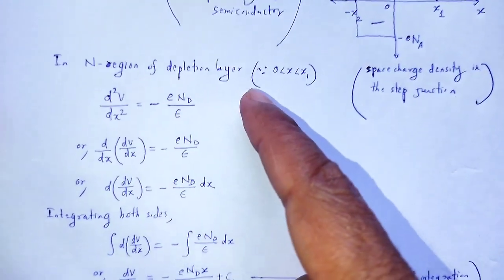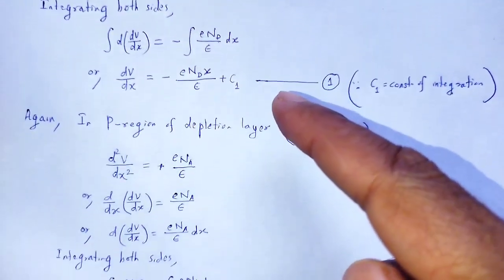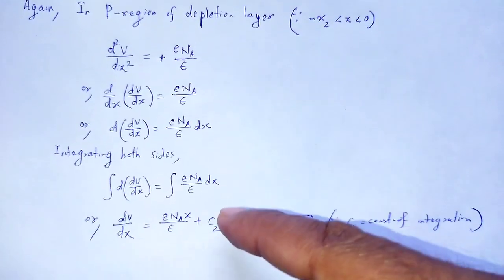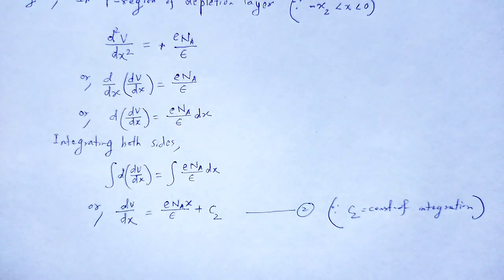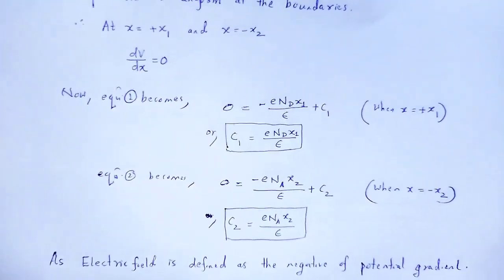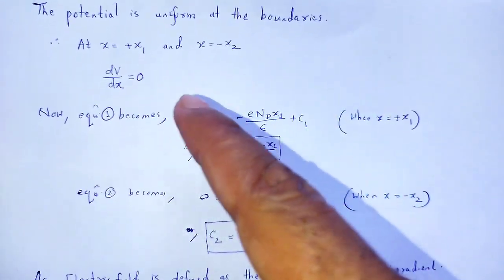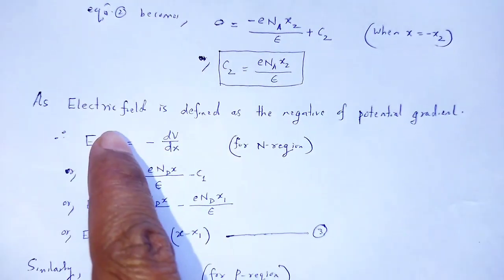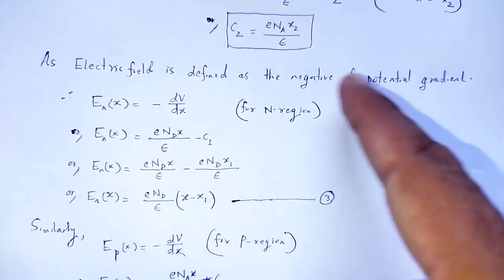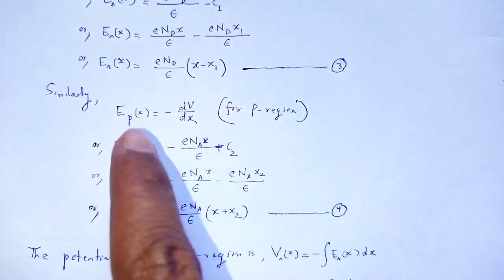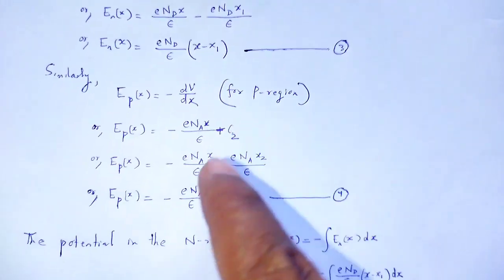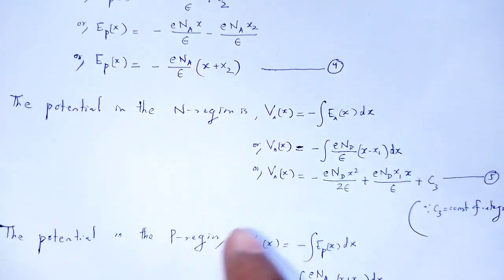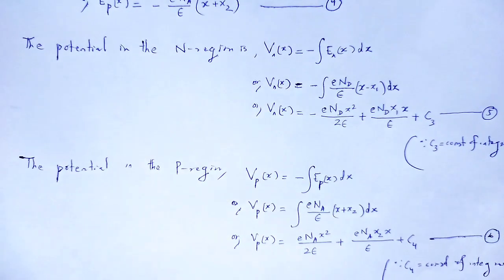For N region depletion layer we use that expression. Next, for P region, C1 and C2 is evaluated by taking the boundary condition, then electric field is defined as the negative of potential gradient. So, electric field at N region and electric field at P region, by using that expression the potential in N region and potential in P region is calculated.